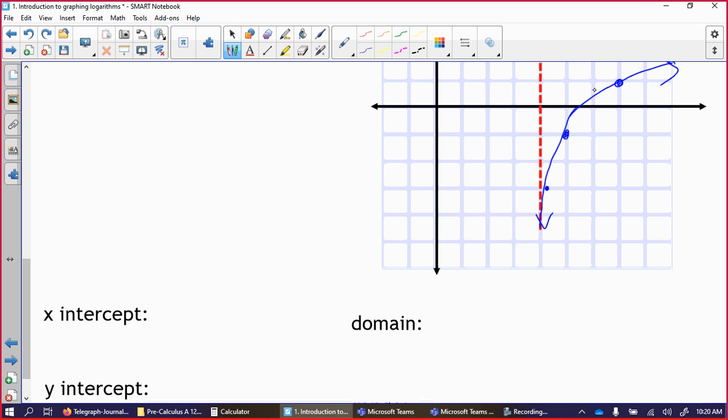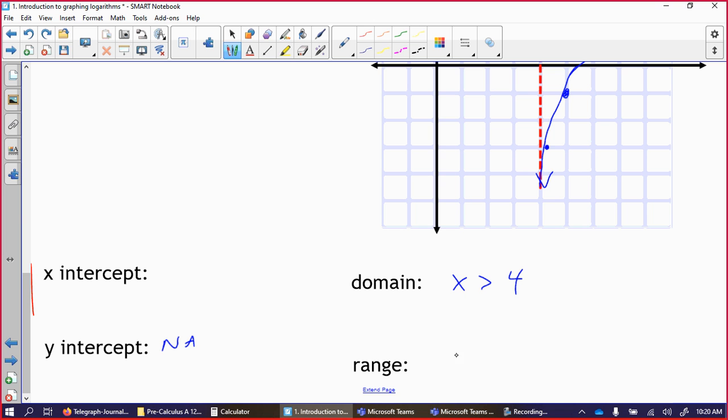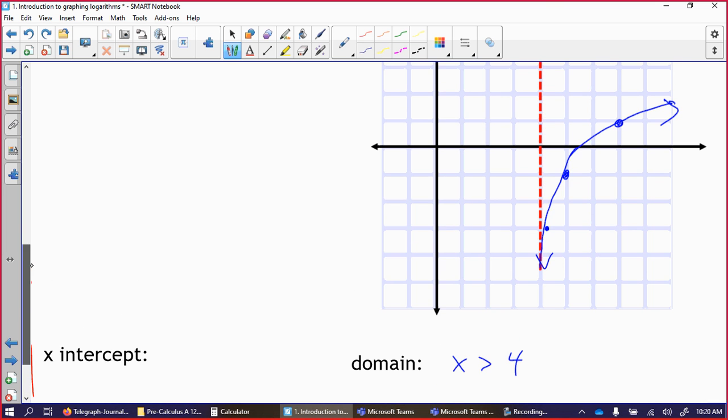X-intercept, that's a little bit tricky to find. Y-intercept, not applicable. Domain, x is greater than 4. Range, y is contained in the reals. Because I'm so horrifically bad at graphing, I can't. X-intercept is when y equals 0.